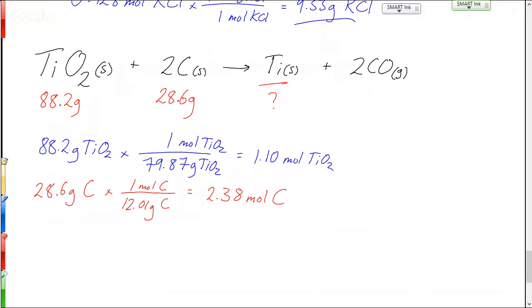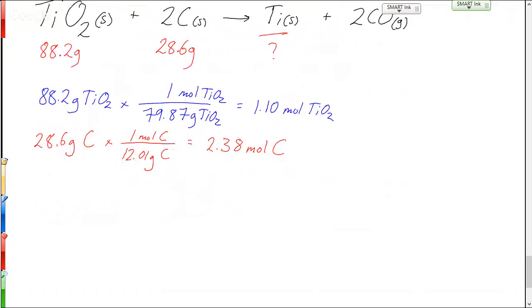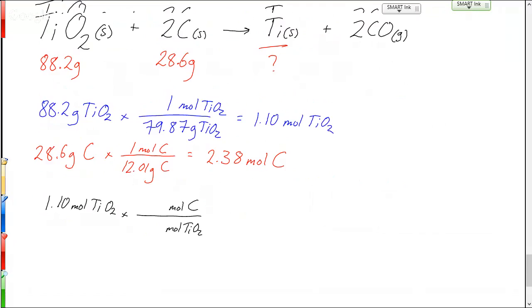So now it doesn't matter which one you start with, but you're going to use the mole ratio to figure out how much of the other you need. Since we did TiO2 first, we might as well start with that one. So we're going to take 1.10 moles TiO2 and go from moles of TiO2 to moles of C, using the ratios in the equation, which are 2C to 1 TiO2.